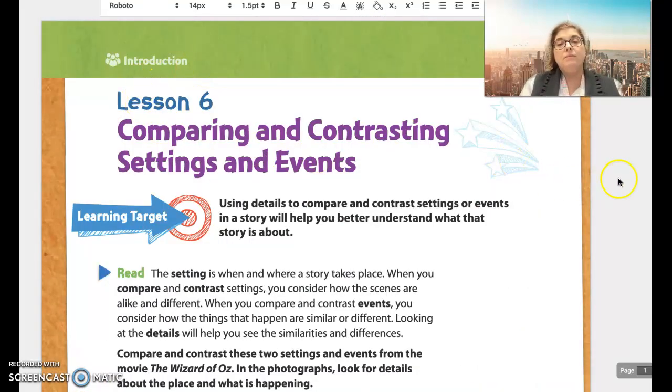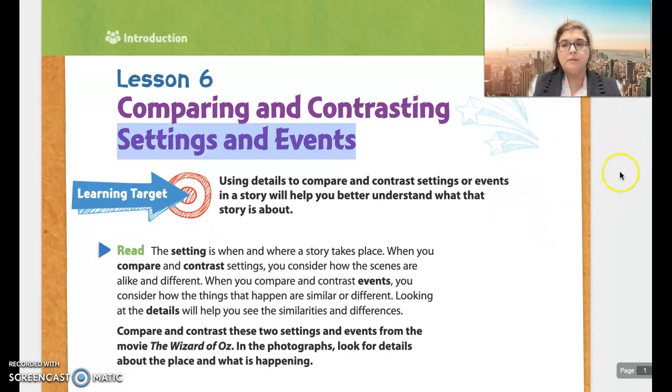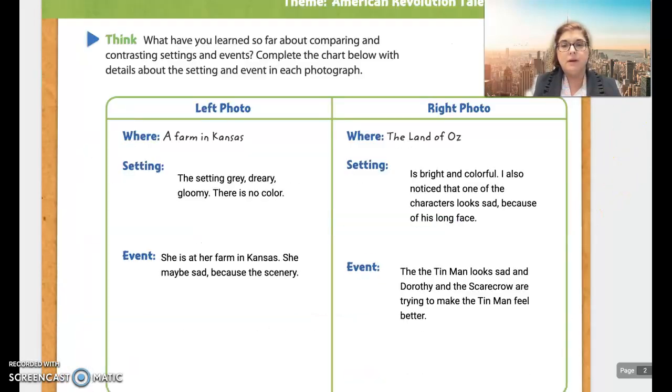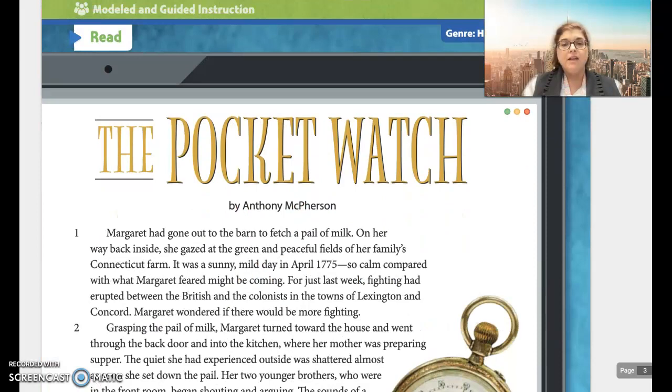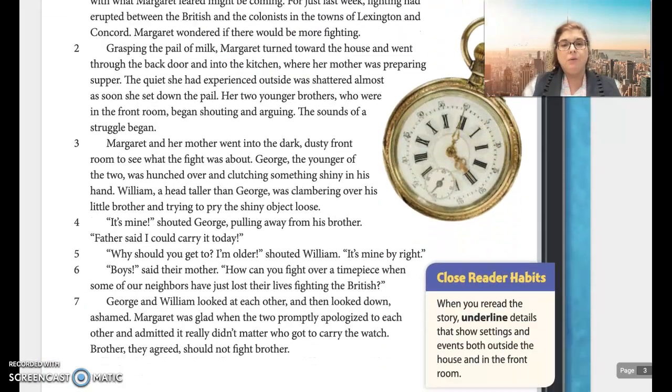Now, for your practice today, I want you to read the pocket watch.